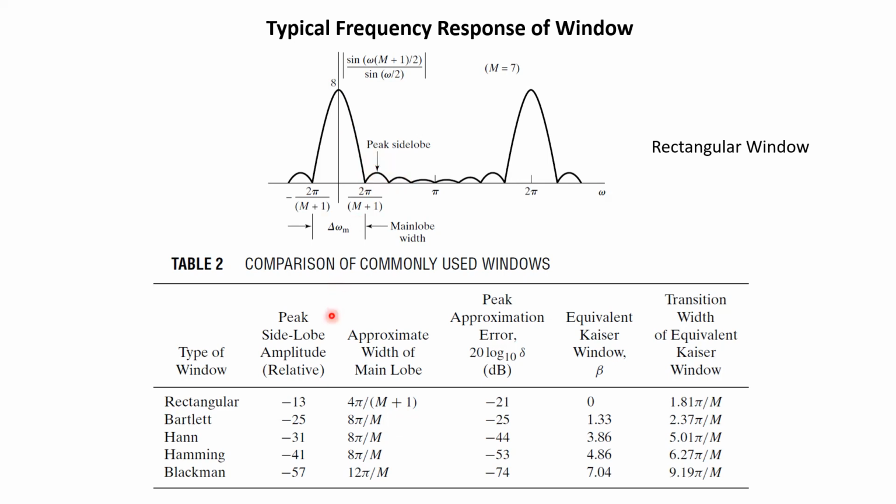So here you can see these two columns, right? Here we have the approximate width of the main lobe, and here we have the side lobe amplitude. You notice this is written as a relative value. So it is written in terms of the maximum amplitude at this point, and then relative to this point, what is the magnitude of this particular side lobe, okay.